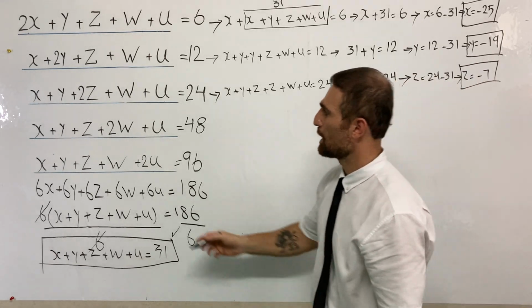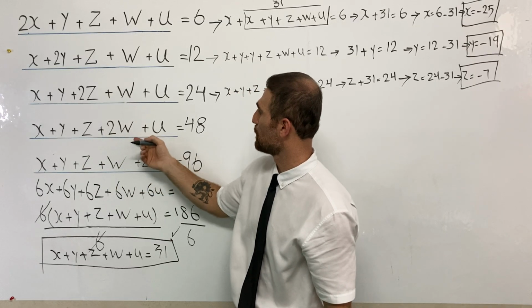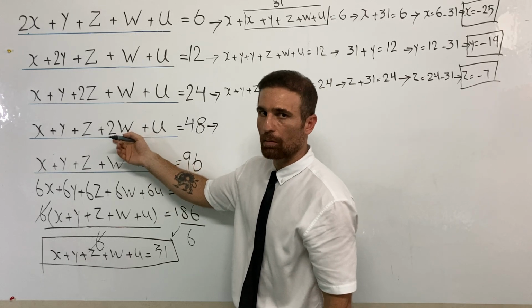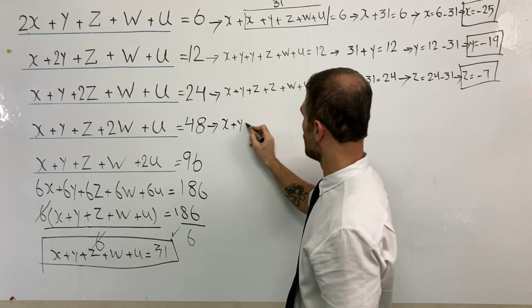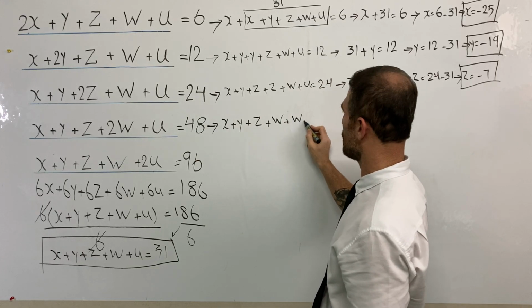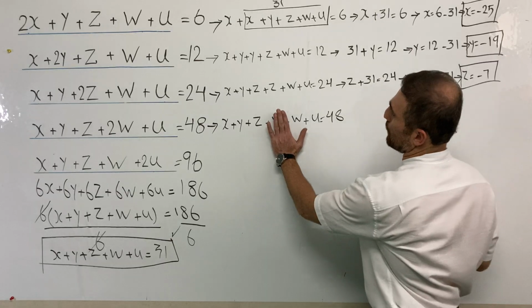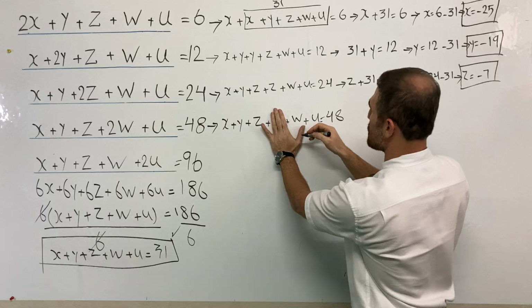Next, we have x plus y plus z plus 2w plus u. So I want to rewrite this 2w as w plus w. Let me write x plus y plus z plus w plus w plus u equals 48. Now, I'm going to cover this w. What is the value of x plus y plus z plus w plus u?